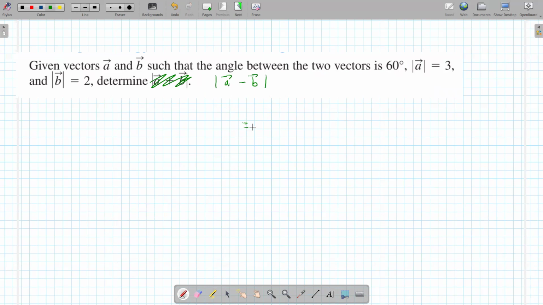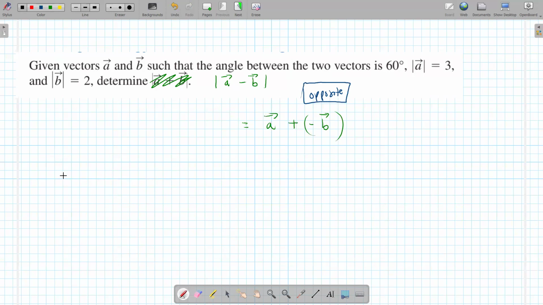You're going to rewrite that as a plus negative b. You're still going to do tip to tail, but instead of adding b vector, you're going to first flip the b vector because now we have the negative b, which means it's an opposite vector. You have to first flip it, and then you have to redraw it.